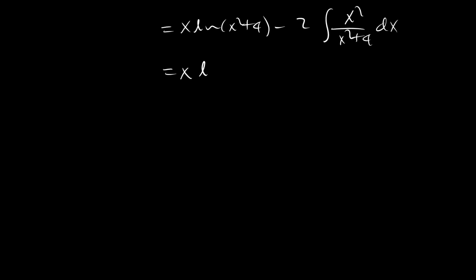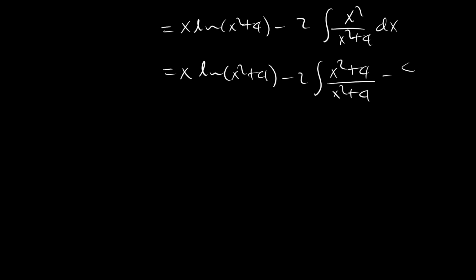So since we've come to a point where we have 2x squared over x squared plus 4, this can also be expressed as 2 times x squared plus 4 over x squared plus 4 minus 4 over x squared plus 4.